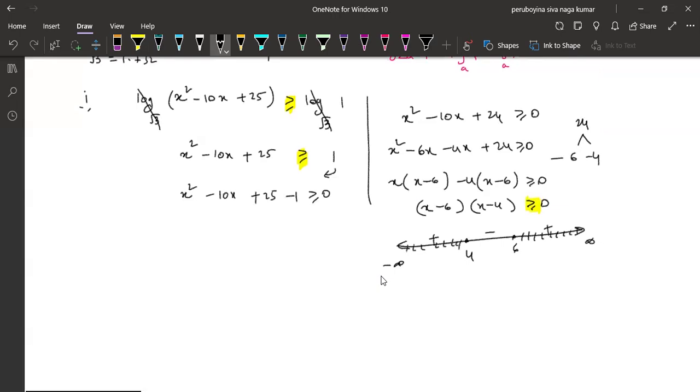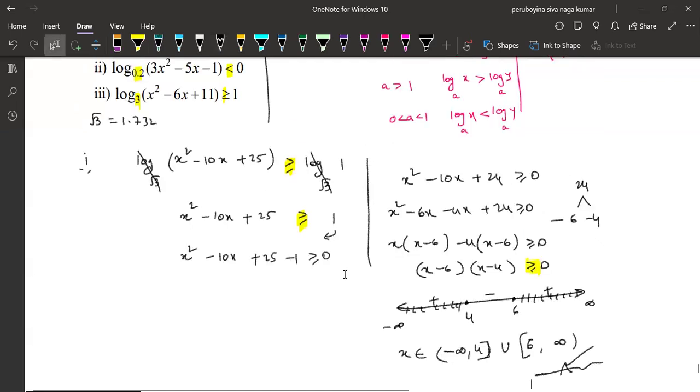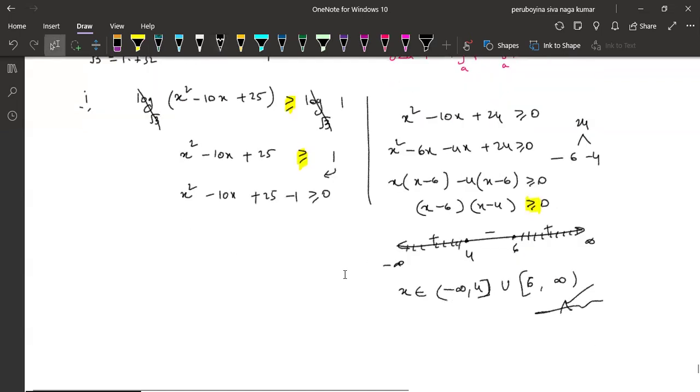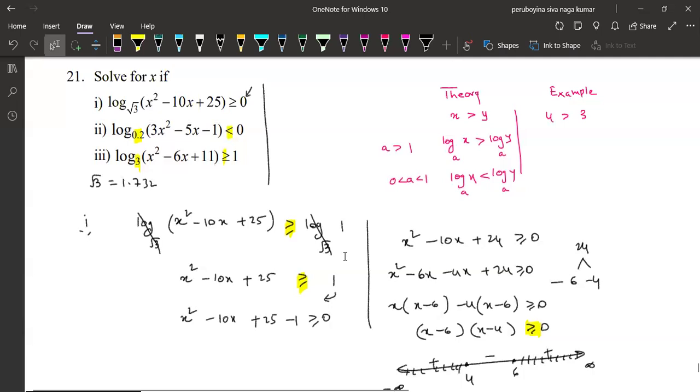So x belongs to minus infinity to 4, is it closed or open interval? Closed interval. Union 6 to infinity will be the solution set of this inequality. Okay. Next, try to solve the remaining 2 problems.